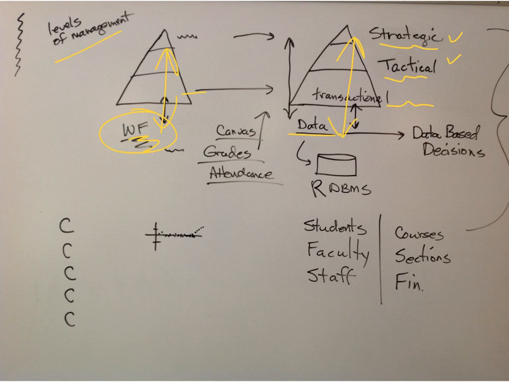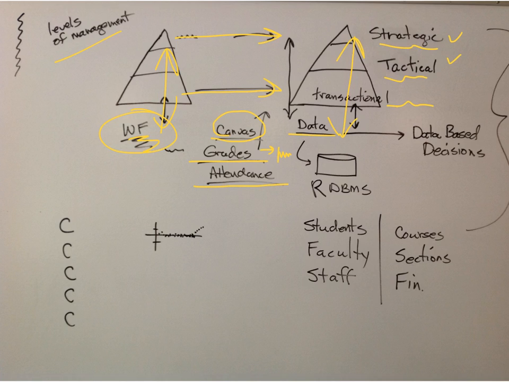And we have different levels of management work with different levels of information. So I used the example of Canvas. In Canvas, we keep track of grades, and eventually we have to move those grades from Canvas to where they're kept permanently, Colleague or whatever the fancy software is.